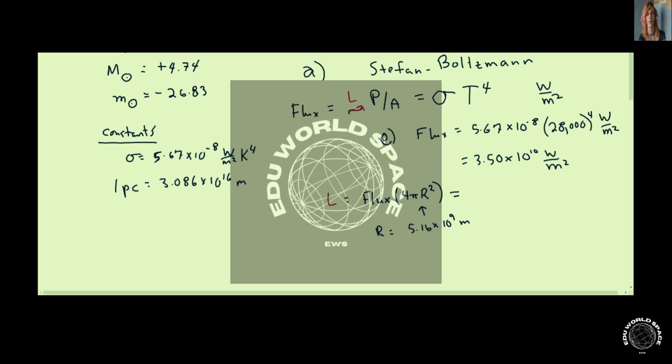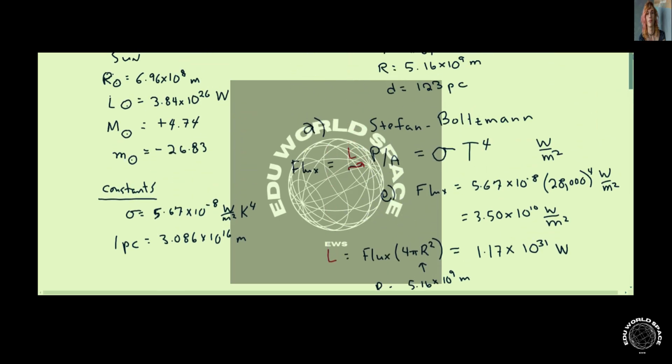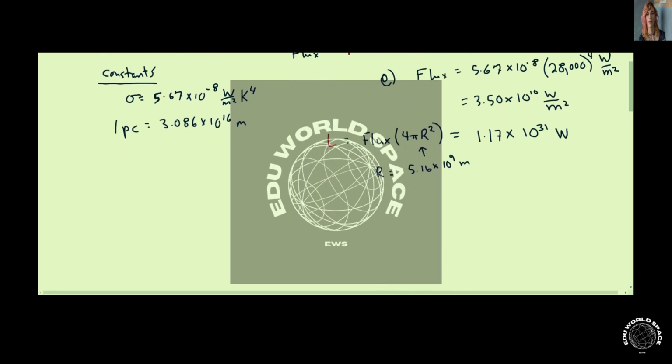Okay, and putting that together, we get that this star is quite a bit more luminous, 1.17 times 10 to the 31 watts. Quite a bit more luminous than our own sun. And I do have some numbers on our sun written down, so we have numbers for comparison.